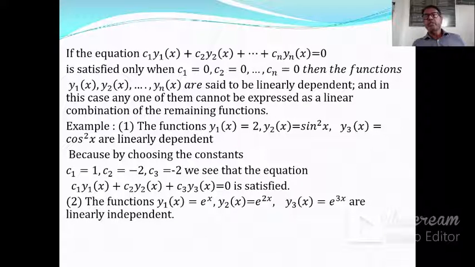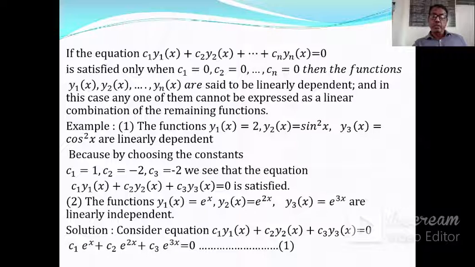From this equation, we want to find the values of C1, C2, C3. If all these three values are 0, then these functions are linearly independent. If at least one of them is non-zero, then these functions are linearly dependent. We consider this as equation 1.